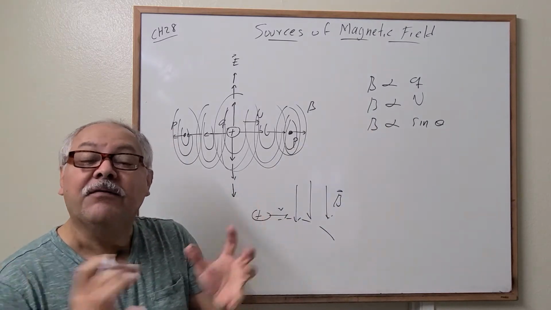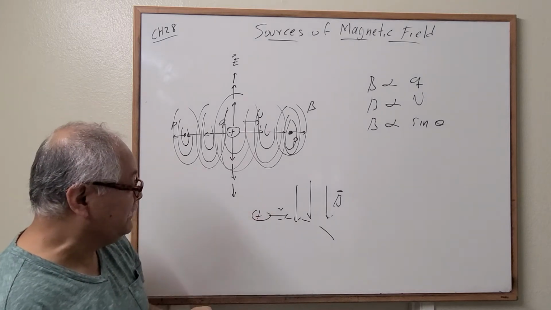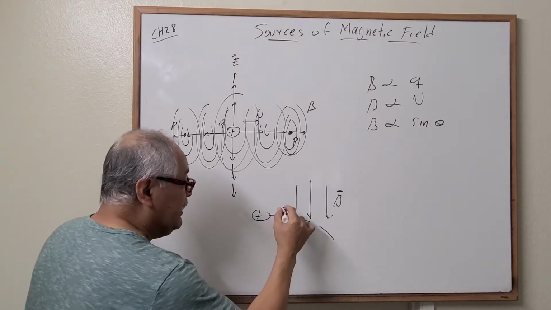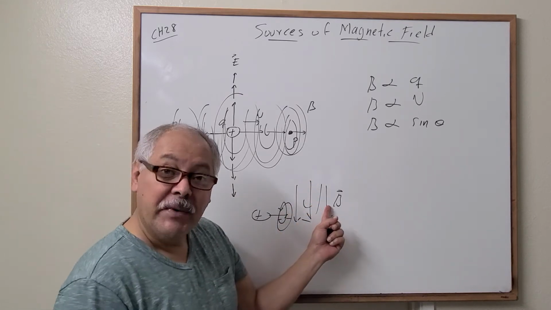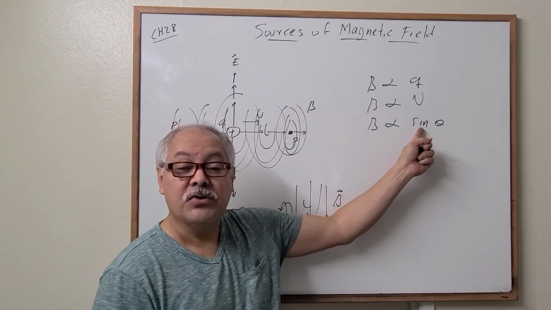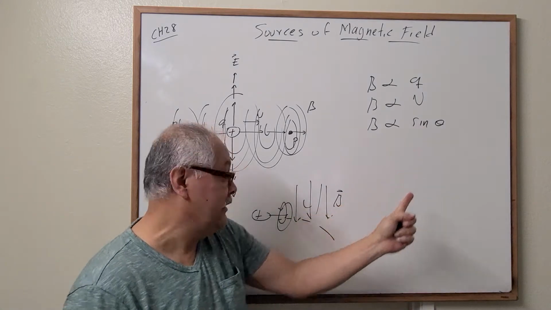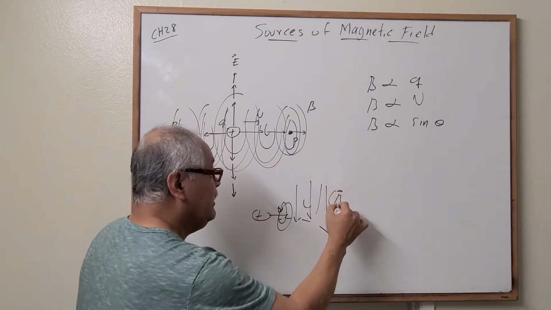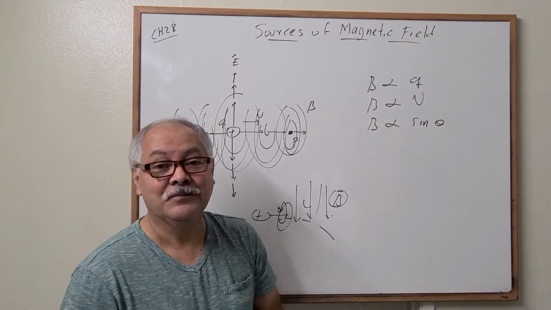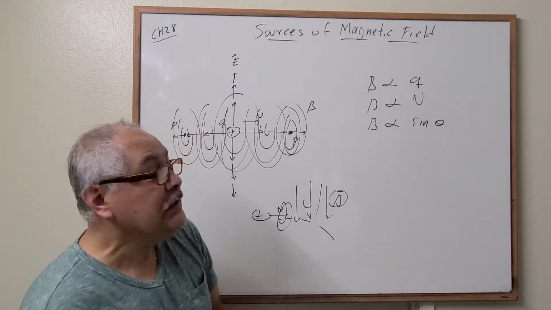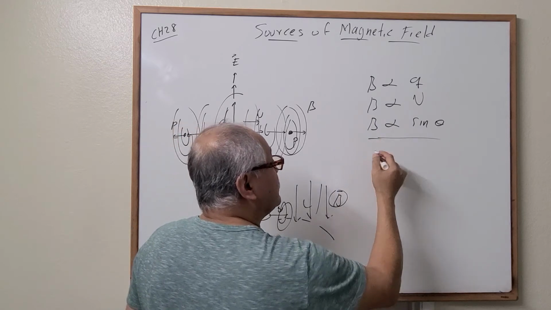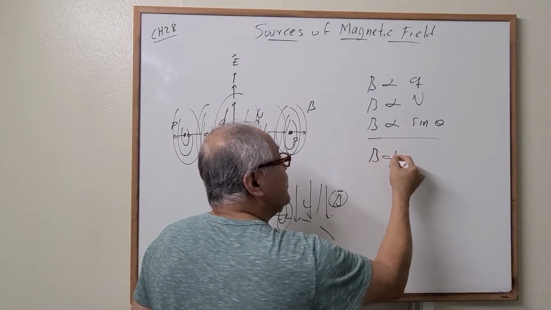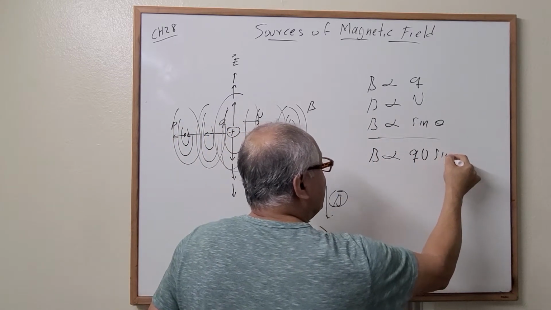The interaction is the forces, like in this case, the force between this magnetic field and this magnetic field. And it is found by experiment that it is proportional to the sine of the angle between the velocity and this magnetic field. Okay, now let's combine these three factors, and what do we have? The magnetic field is proportional to the charge times v sine theta.